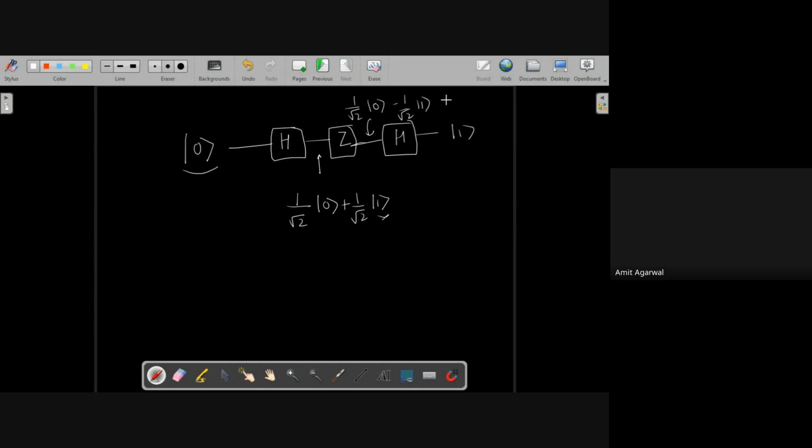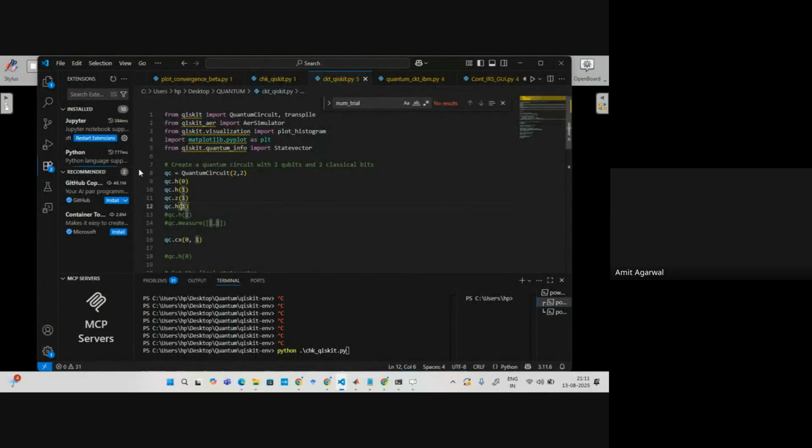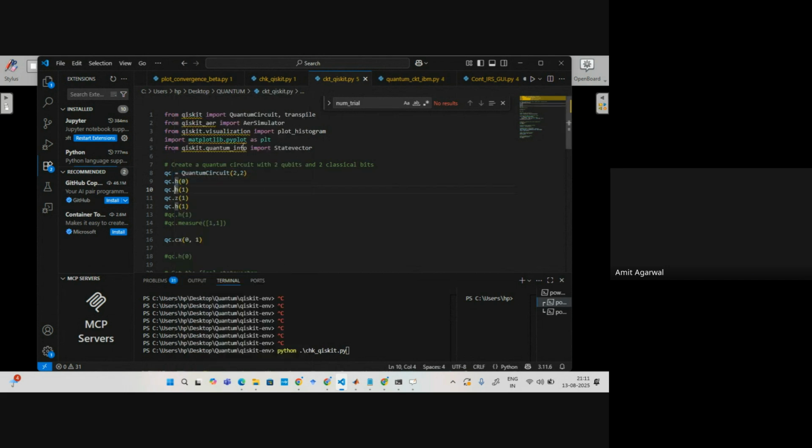We all know that this is the minus state, and when this is applied to the Hadamard gate, you can also solve it, it's trivial to see, you will get a 1. So that is why I have applied first a Hadamard gate, then an H gate, a Z gate, and then an H gate. So it will give you a 1.